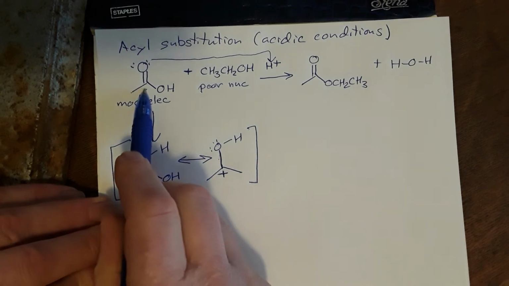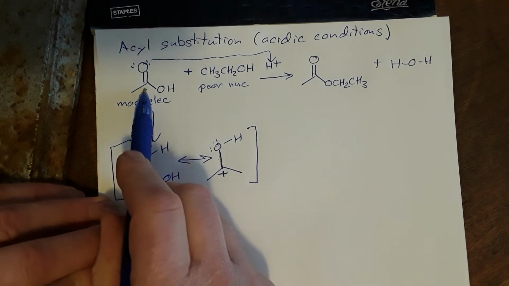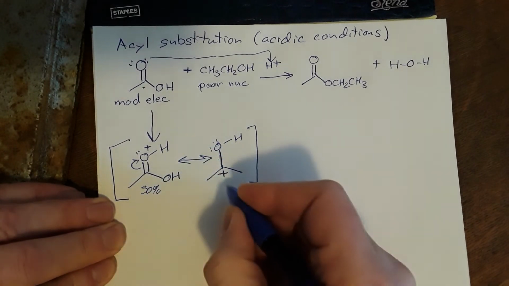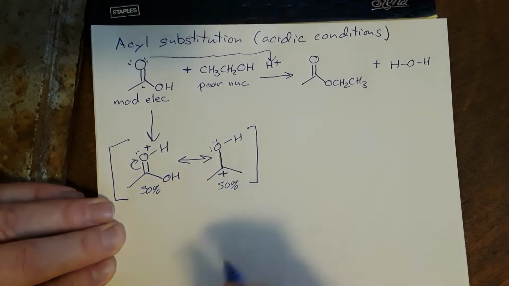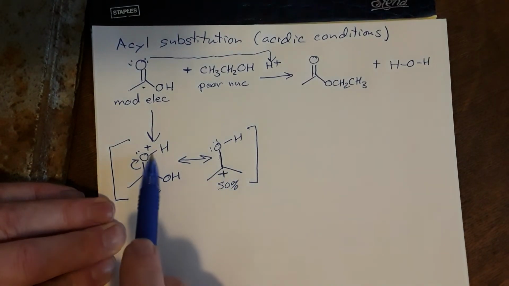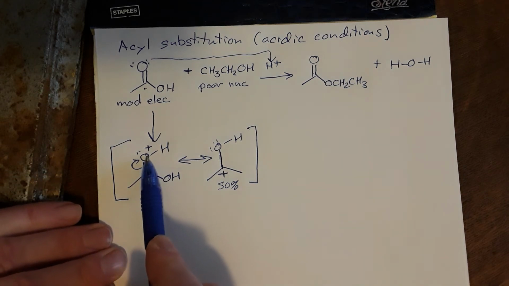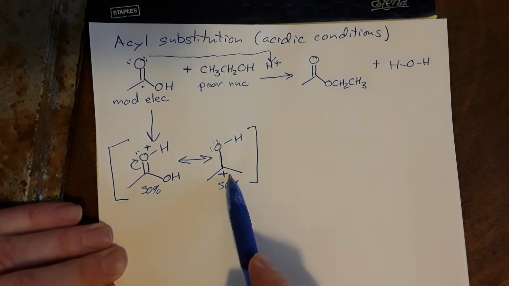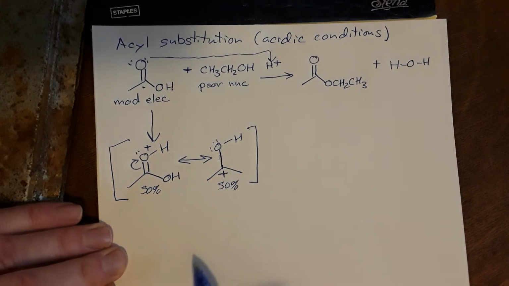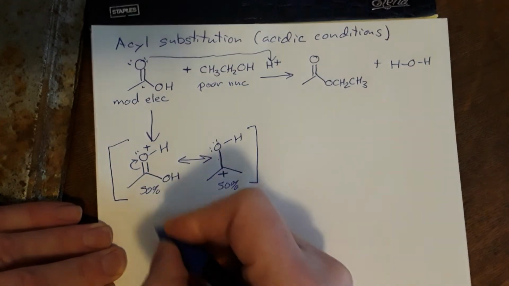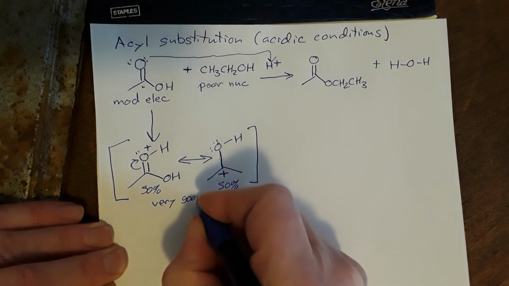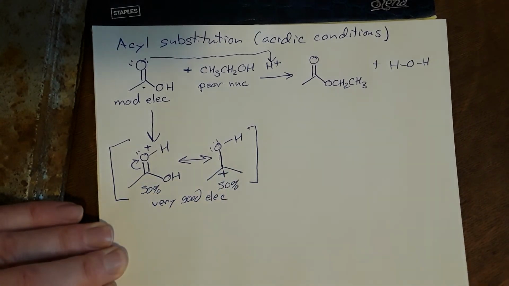So here we had a tiny bit of a partial positive charge on carbon, and here we have a couple of resonance structures that are probably about equal in importance, both of them having a positive charge, this one having a positive charge on oxygen, which isn't good, but it has complete octets. Here having a positive charge on the more electropositive carbon, but an incomplete octet. So bottom line is we have a much better electrophile here. So very good electrophile because it has a full positive charge on it.